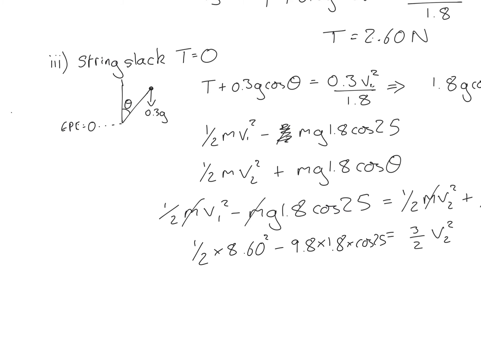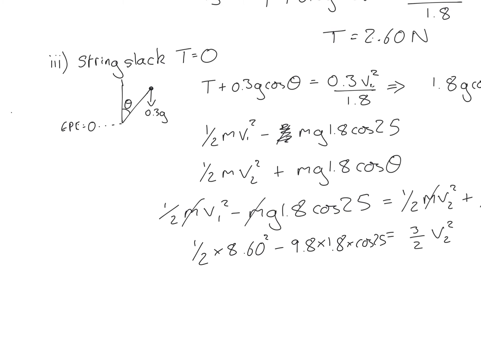Okay, so 0.5 times 8.6 squared minus 9.8 times 1.8 cos 25 equals 20.99, divided by 1.5. v squared is 13.99.